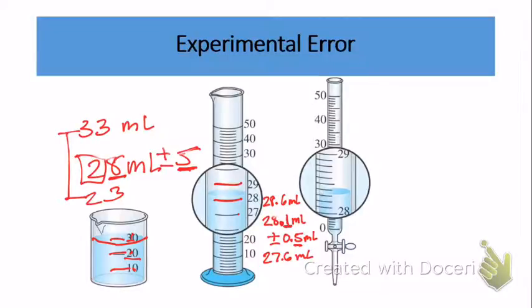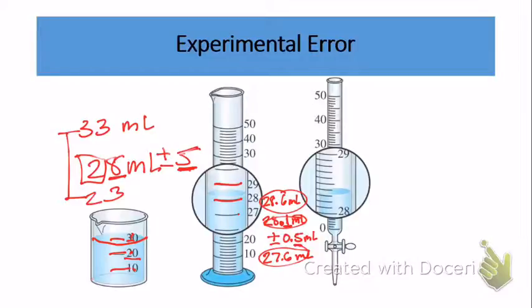So compared to the beaker, the precision is becoming better. The grouping of numbers is much closer in agreement than what we found with the beaker. So the graduated cylinder is a much better device for measuring liquid than the beaker.